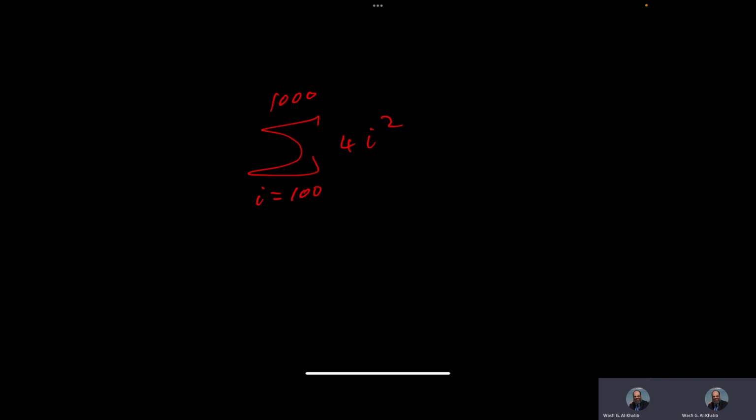So one way to solve this type of question is to basically change the index. Instead of dealing with an index from 100 to 1000, I want to deal with an index from 1 to, now here, how many? 900. So it will be from 1 to 900.